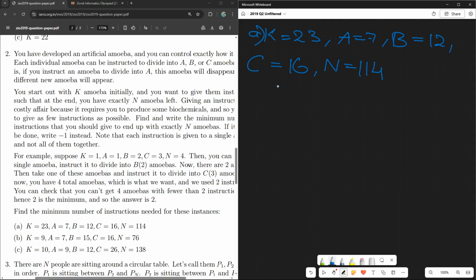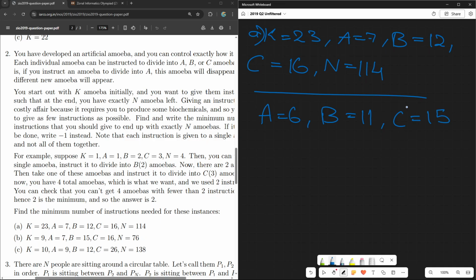Right off, what we can do is make A, B and C their respective values minus 1. So A equals 6, B equals 11 and C equals 15.